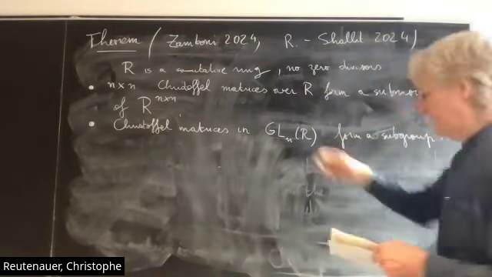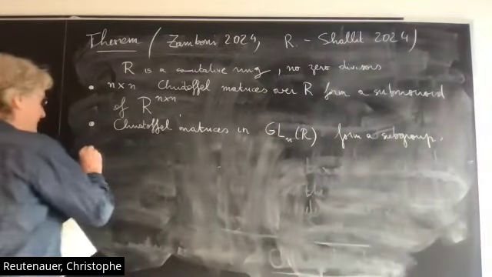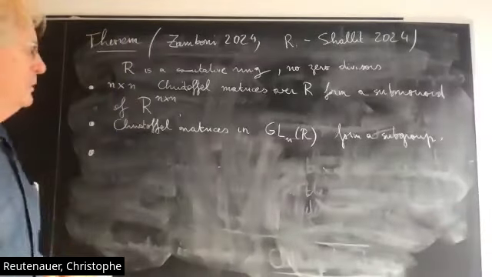Of GL_n of R. And the last statement has to do with the determinants, the origin and motivation.